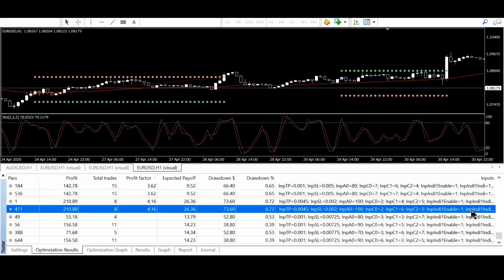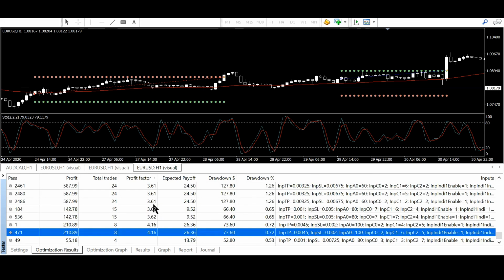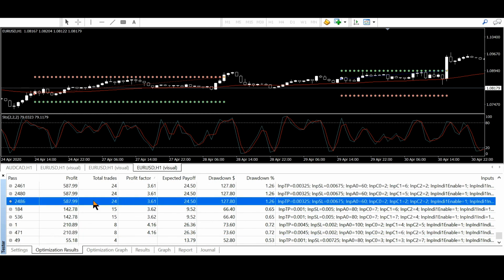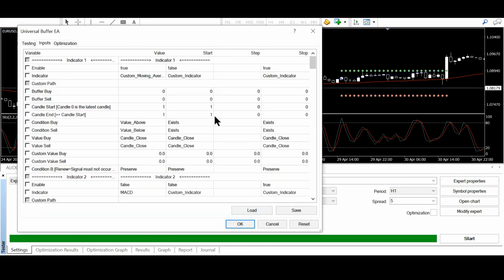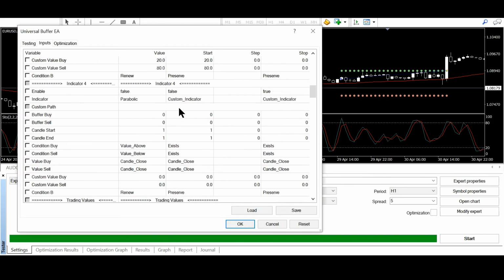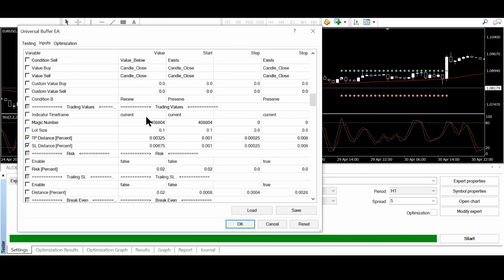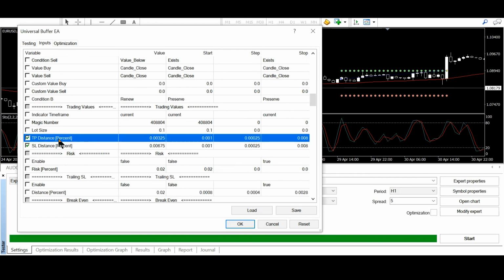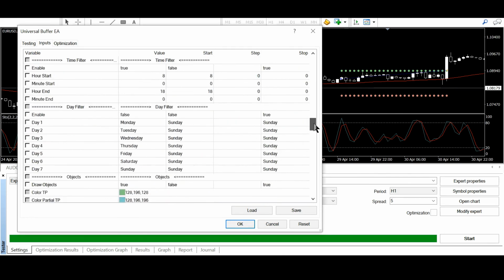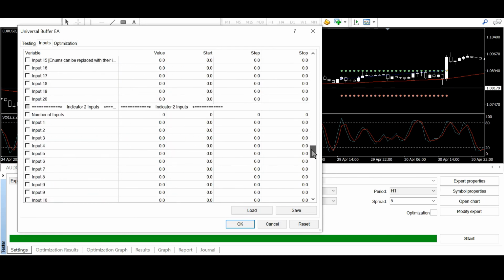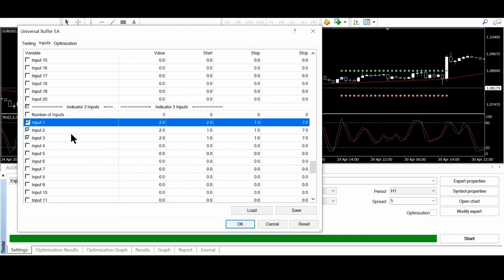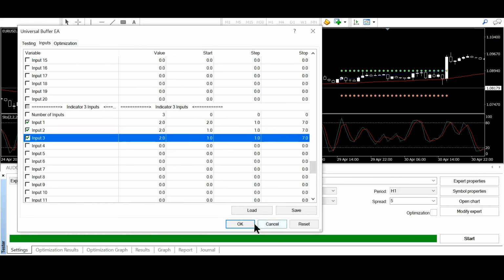And these inputs provide a good profit factor, and I want to take this one, and I set input parameters. I go to the properties, and now I see here the optimized inputs. The moving average period is 60, and the stochastic inputs are 2, 2 and 2.